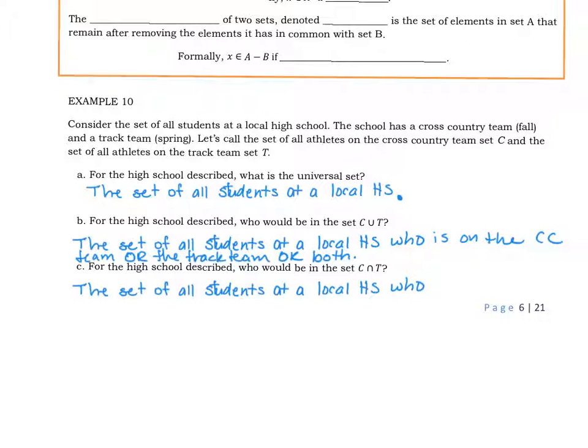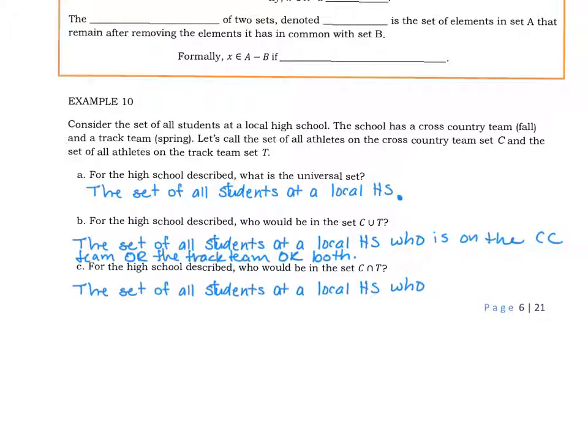So for the high school, let's look at C. For the high school, describe who would be in the set C intersect T. So our context is a set of all students at a local high school who, and if you look at your definition, it would be something that's an element of one set and the other.